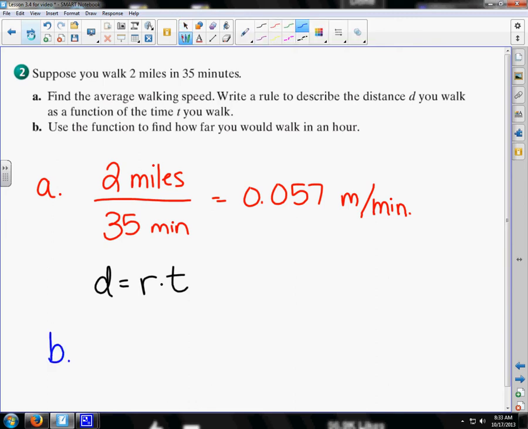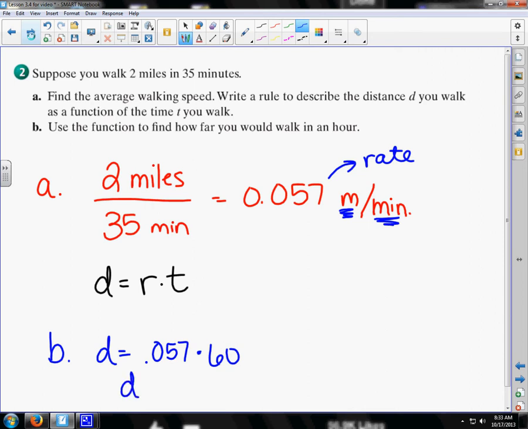And then for B, use the function to find how far you would walk in an hour. So this is my rate. This is how long or how fast I'm going. So my distance would equal my rate, 0.057, times my time, which is 1 hour, but this is in minutes, miles per minute, so then I want to times it by 60 minutes.